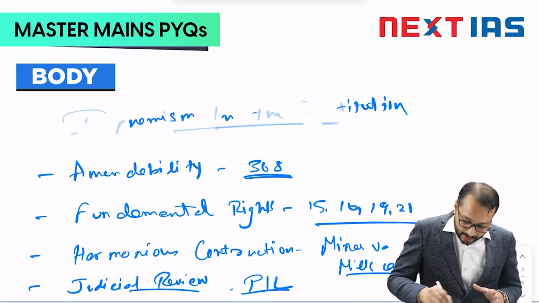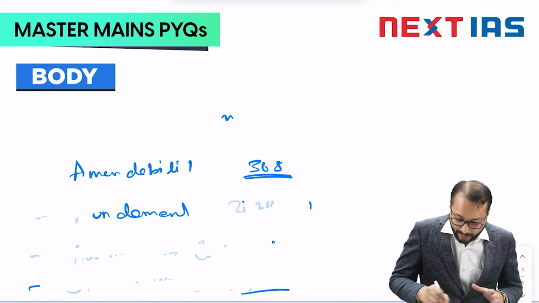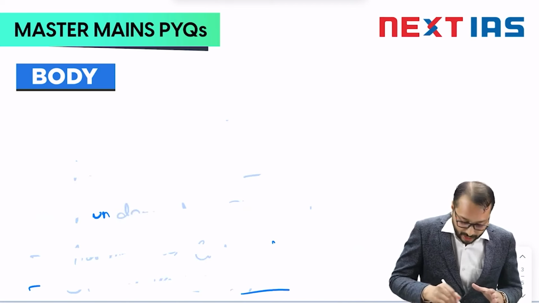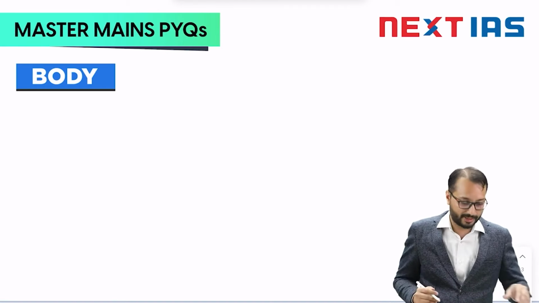The next important and the major part in the body is different verdicts. You have to give different verdicts through which the Article 21 right to life and personal liberty has expanded.